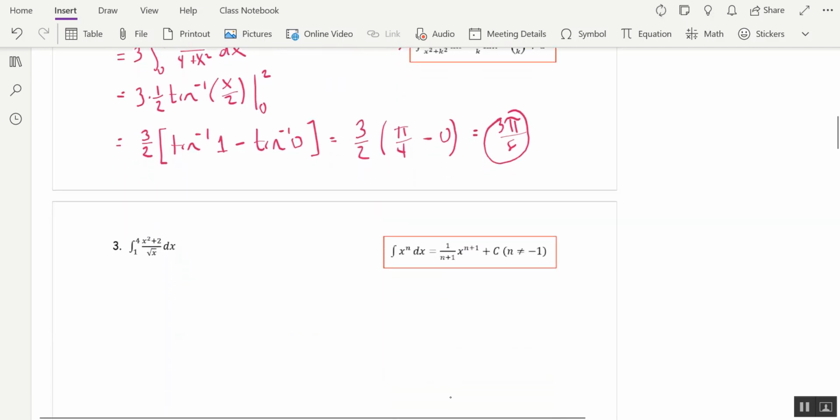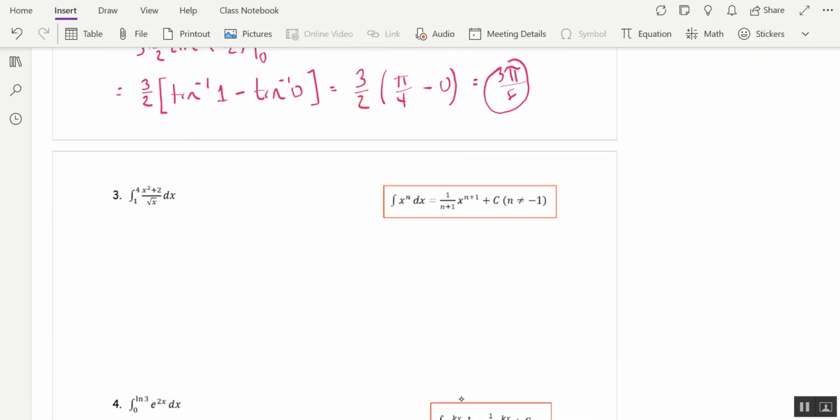Okay, let's do another one. For this one, I'm going to want to rewrite this as two separate fractions, and then use the power rule. And so I'm going to go through that fairly quickly. Feel free to pause the video and get out your scratch paper if you need to follow along.